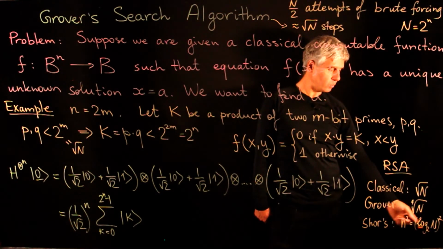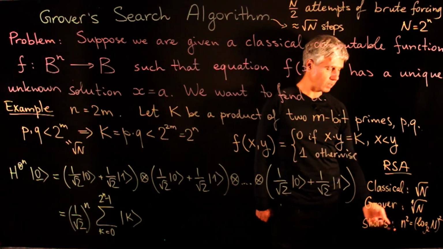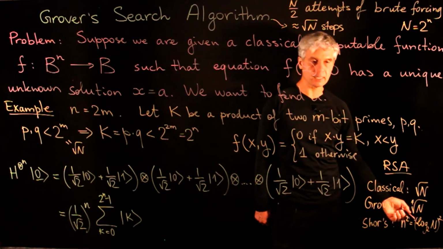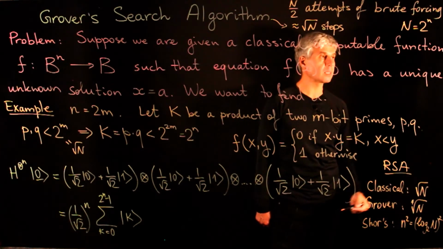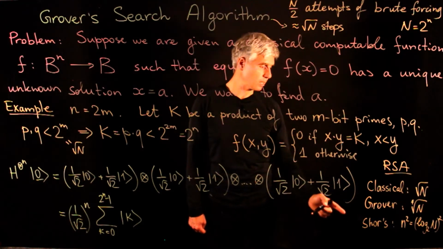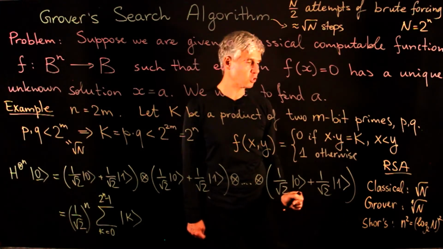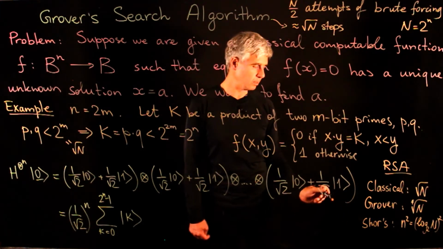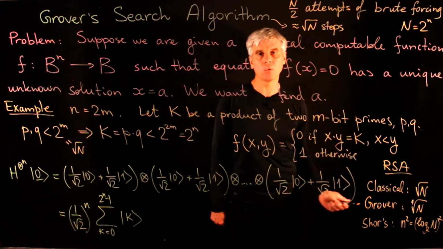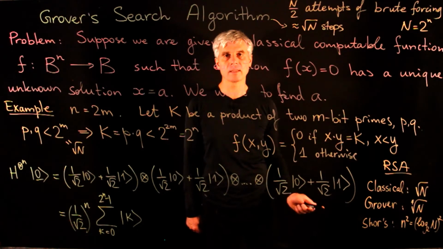And now Shor's algorithm gives us a sub-exponential, just a quadratic complexity, and this is quadratic in the number of bits. So Shor's algorithm is a really amazing application of quantum computing, and this algorithm drives all the efforts that we invest in this area.